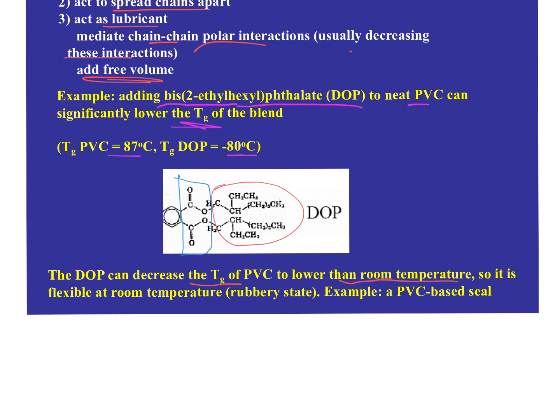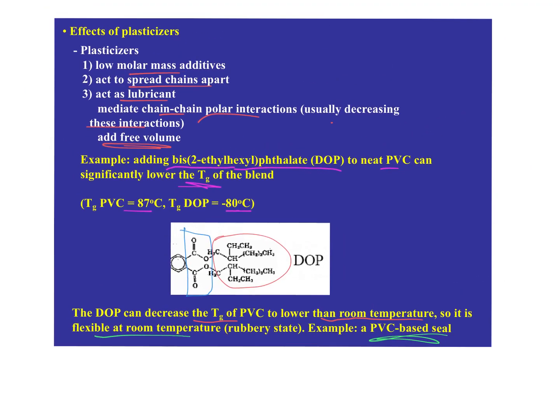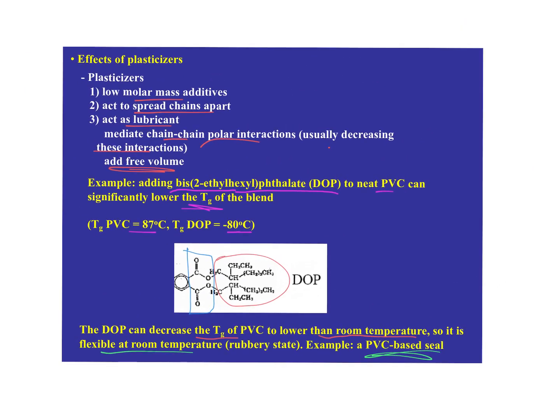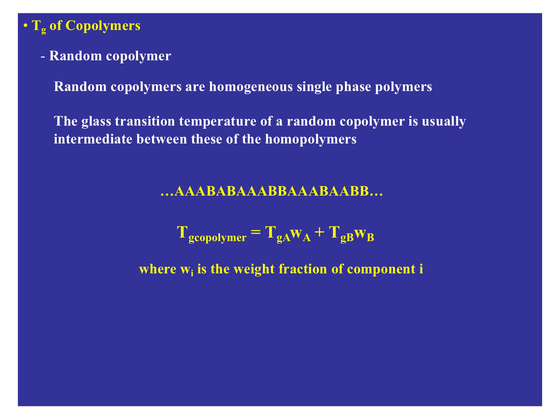So maybe you want to engineer the glass transition so that it's within the range of normal outside temperatures, like minus 2 degrees centigrade, something like that, just so that it's not too brittle at low temperatures. But typically, we want things to be flexible at room temperature, and a PVC-based seal is a very good example of that. You want something that has the ability to cause sealing, and so therefore it must have some softness associated with it. Any questions about that?